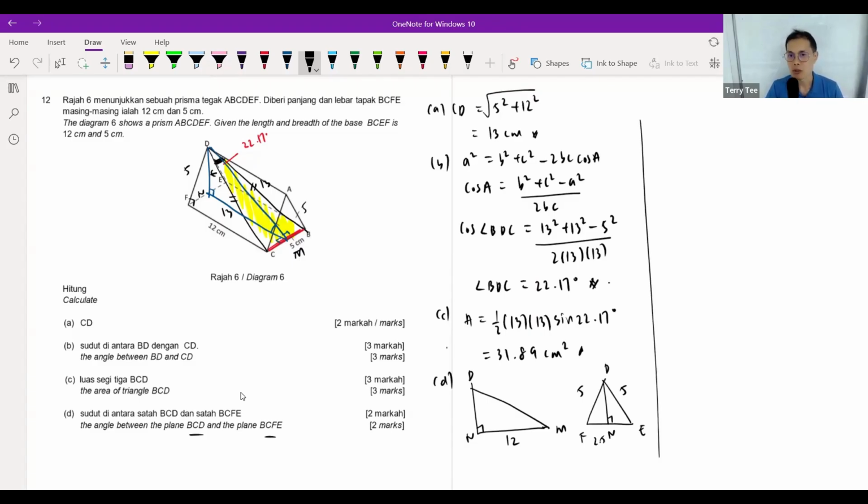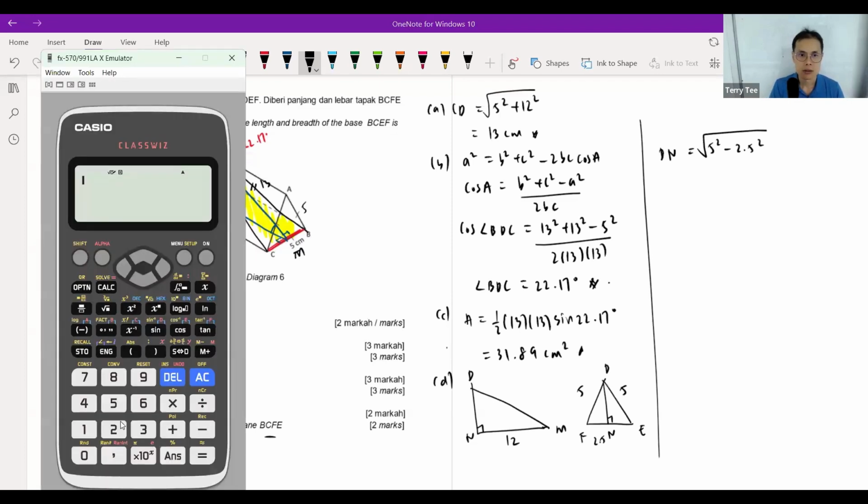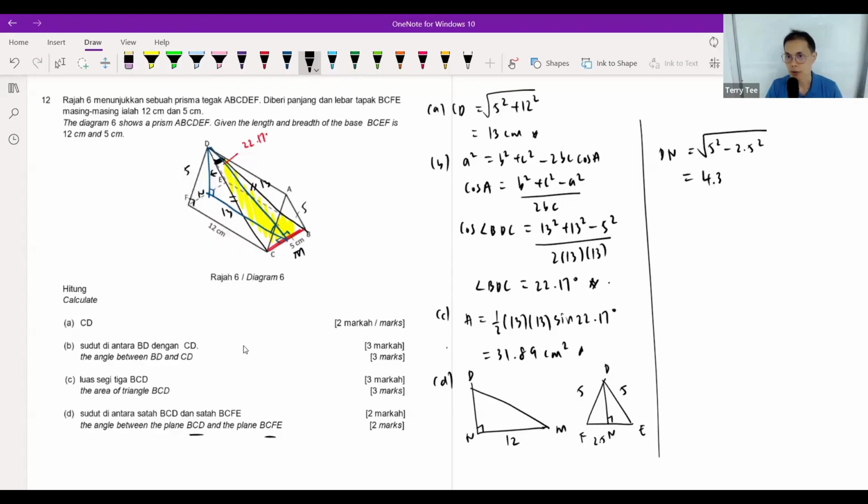So for my DN, we just use Pythagoras theorem, square root of 5 squared minus 2.5 squared. Use your calculator. 5 squared is 25, 2.5 squared, you square root it. You should get 4.330. That's your DN.